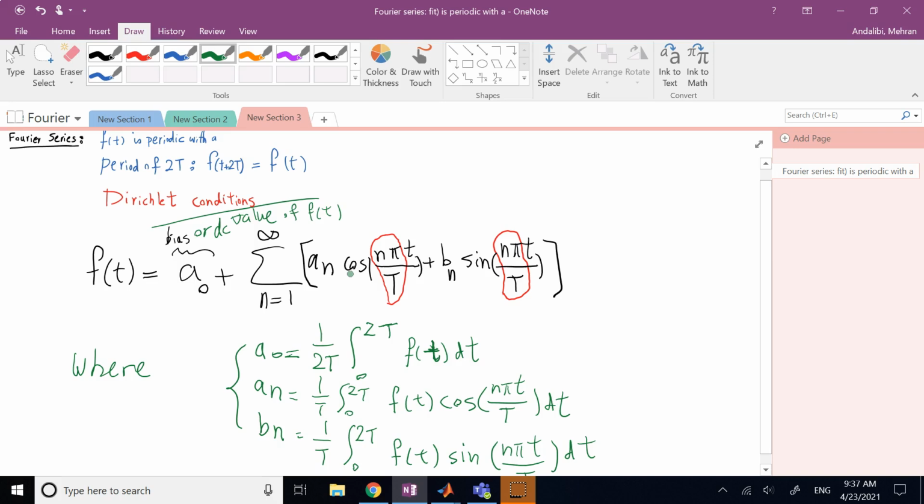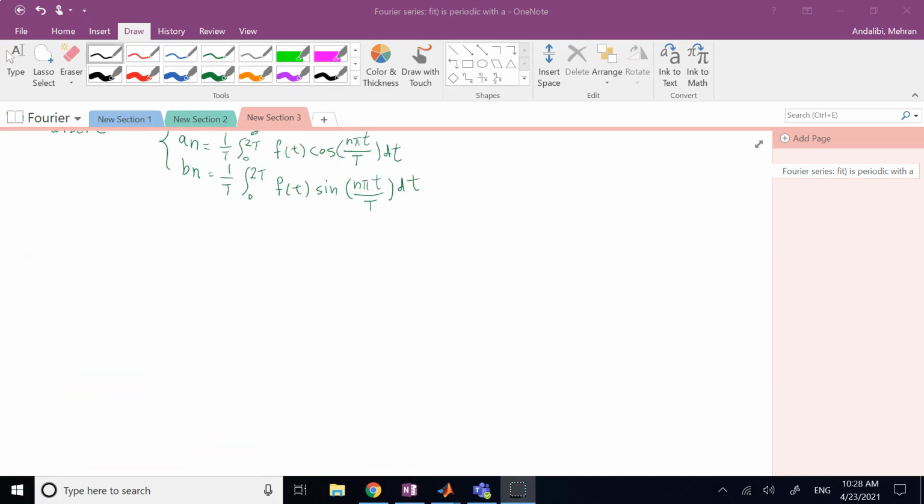I'm going to show you through an example how to calculate these coefficients. Here for function f of t, choose the rectangular wave. If I plot f of t versus t, the function could be all positive, or it can go positive and negative, and I would choose that case.